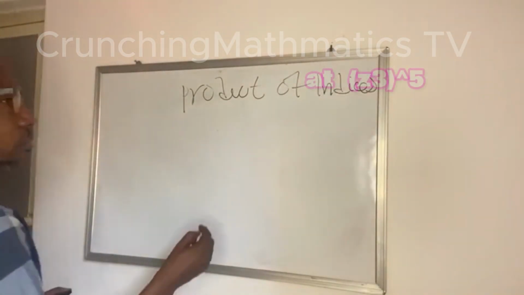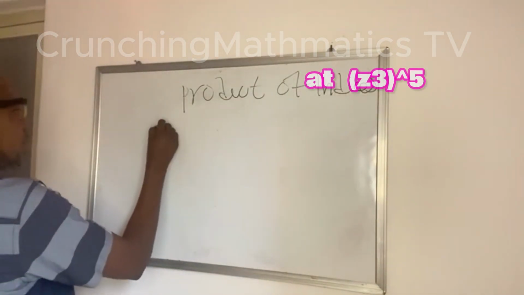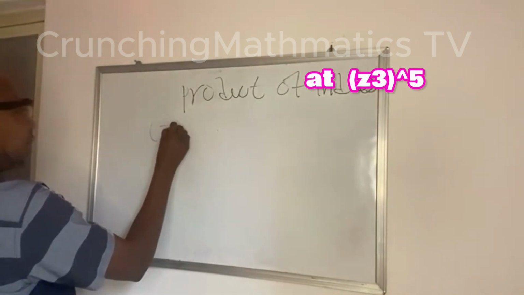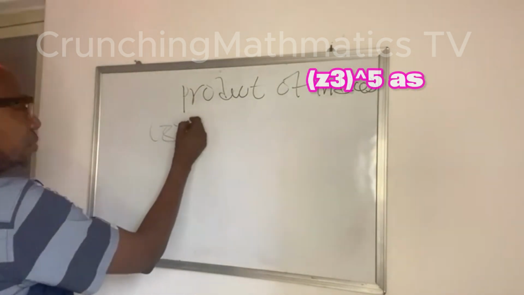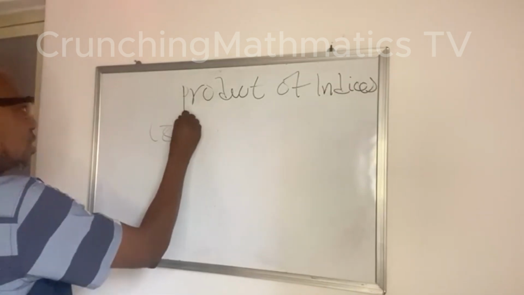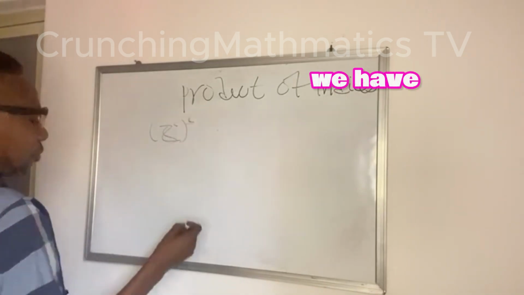Let's look at our z^3, 5 as exponents. We have 2 values.